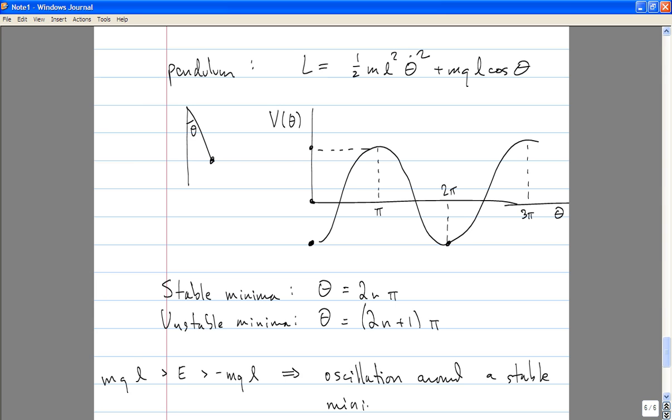So, for example, if this is the energy here, then the pendulum will just oscillate around the stable minimum.